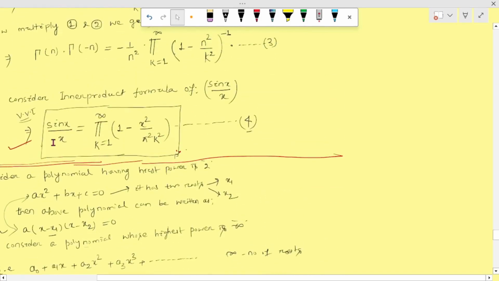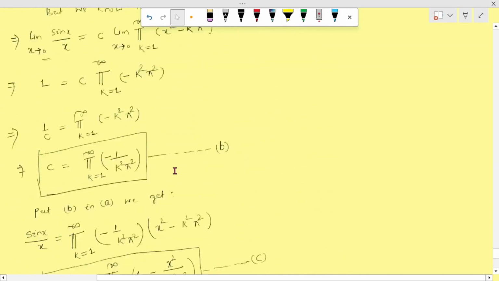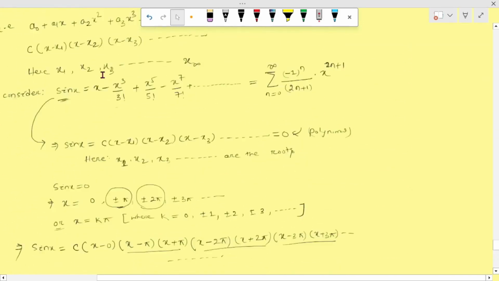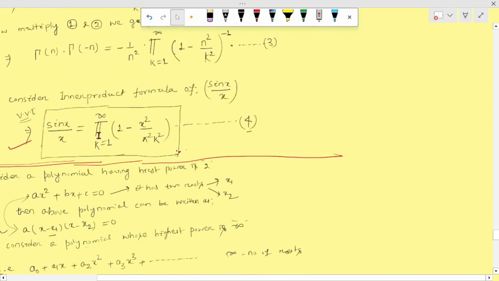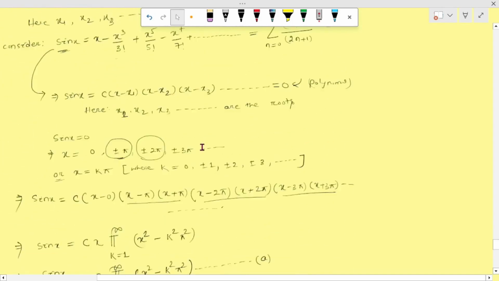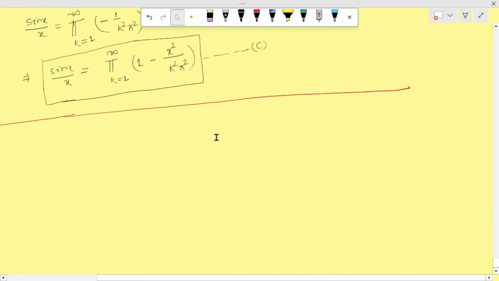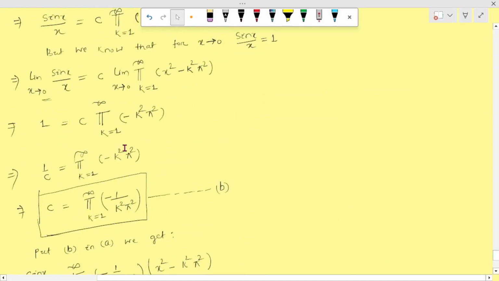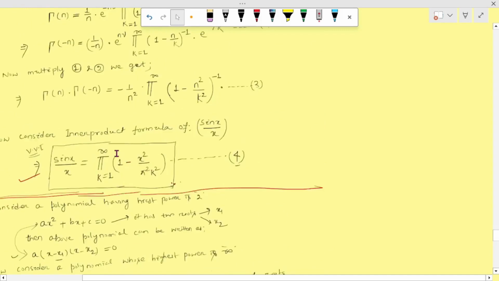Now here you can see sin x by x, we found this one and I proved it also, right? If instead of x I put n pi, then equation number 4 will be, see, I am again going to tell you that this proof is not required for this question.